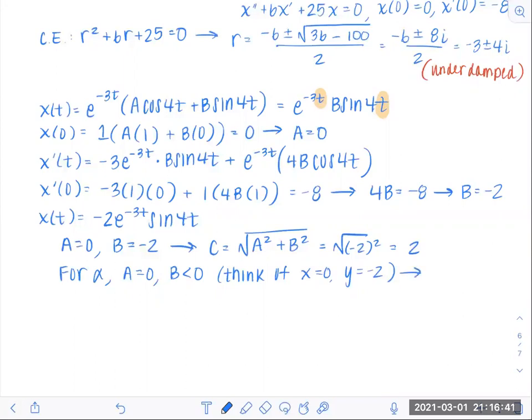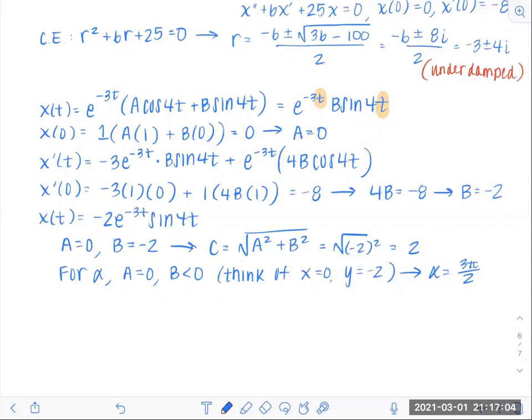Where would that lie on the coordinate axes or on the unit circle? You would be on the lower y-axis. So that corresponds to an angle of 3 pi halves, right? You've gone through 3 full quadrants and you're pointing in the downward y-axis.